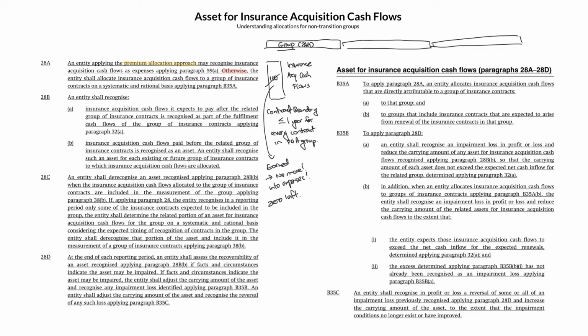Okay, so let's go through an example where this didn't apply, i.e. we're not using a premium allocation approach. Let's assume we're using maybe a general measurement model or a premium allocation approach where we don't write off everything. So now let's go on to this example.